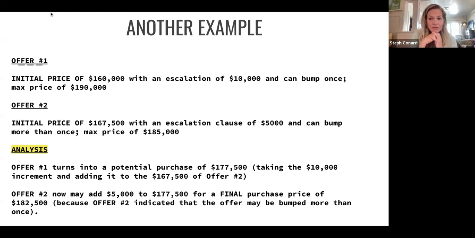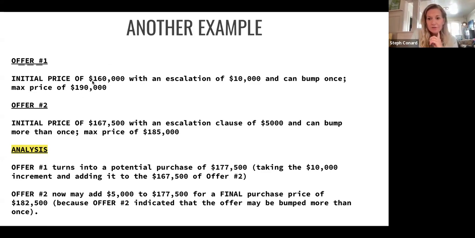And because that 182.5 did not exceed this 185, offer number two is basically saying you can bump as many times as it allows, but we are not going to go up past that 185.